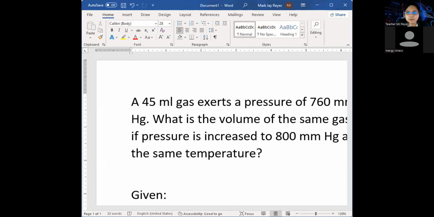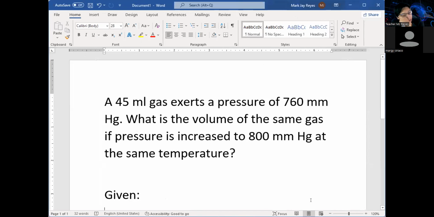A 45 ml gas exerts a pressure of 760 millimeter of mercury. What is the volume of the same gas if the pressure is increased to 800 millimeter of mercury at the same temperature? Means at the same temperature, it's constant.